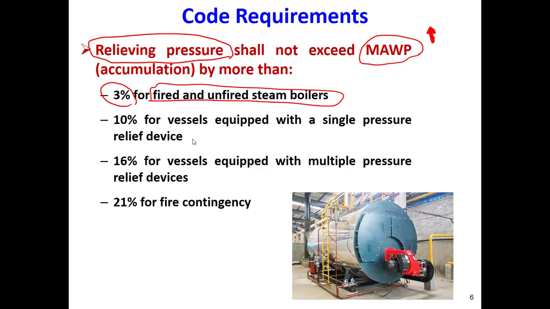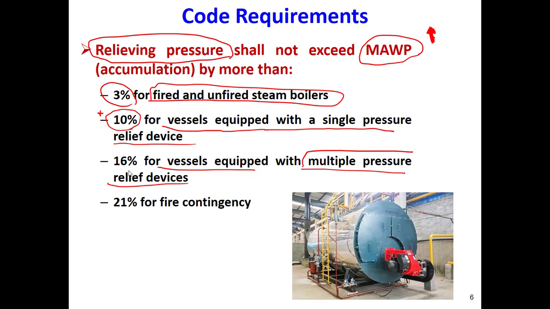If we have multiple vessels that have only one single pressure relief device, we are allowed to set the pressure up to 10% more than this pressure. If we have multiple vessels that also have multiple pressure relief devices, since we have more freedom, we can set the relief pressure up to 16% more than the allowable pressure.